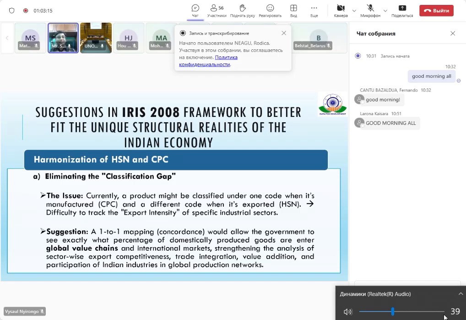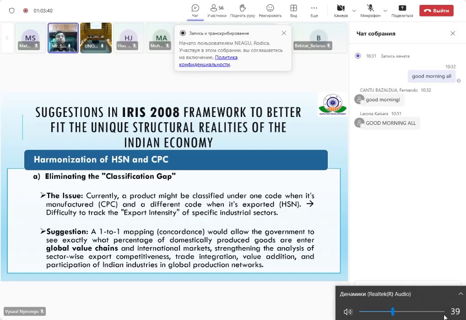So it is difficult to track the export intensity of specific industrial sectors, because you can identify the global value chain. It is most important that for items manufactured from our industrial sectors, we catch how much is the export intensity. CPC and HSN are widely different, so there is a classification gap.